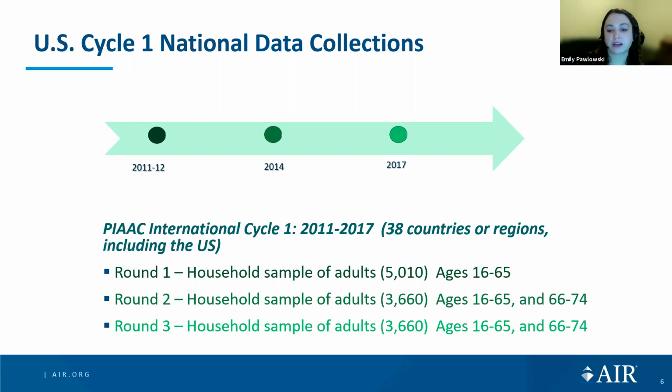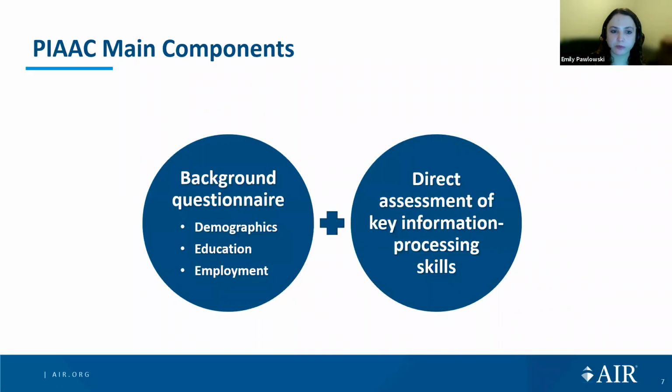And we also expanded the sample to look at older adults ages 66 to 74. And that took place in 2014. And then our third round of data collection in the US was also around 3,600 adults. And this looked at a nationally representative sample of adults ages 16 to 74. So that's just an overview of what the US has collected for the PIAAC so far.